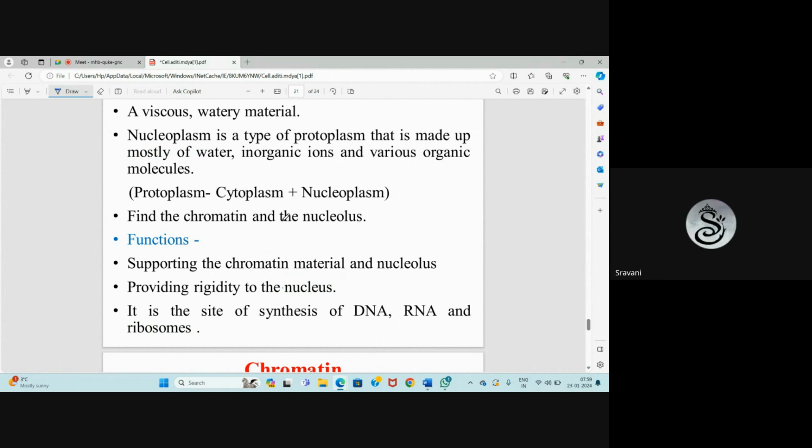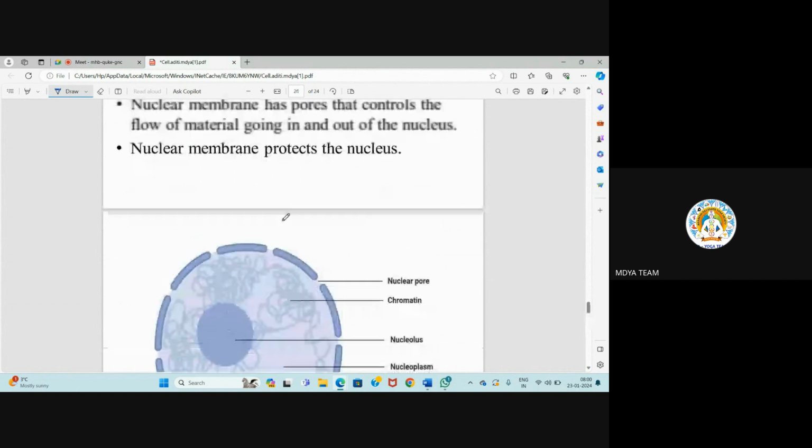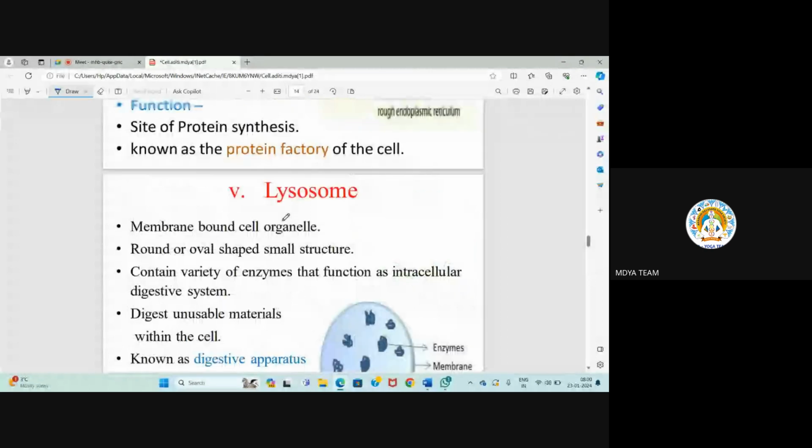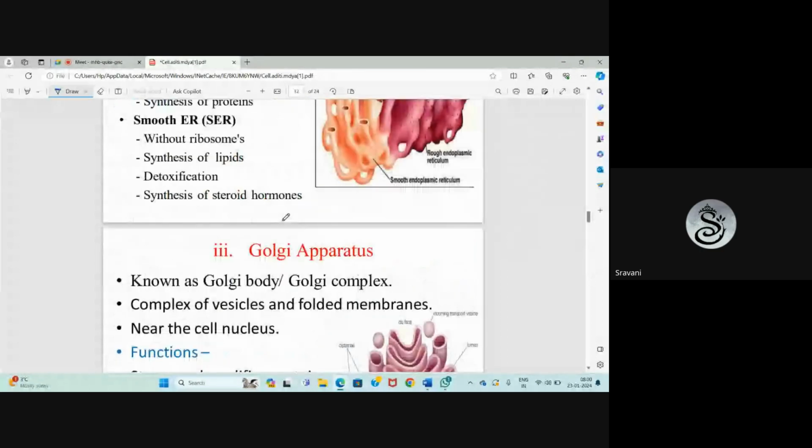It's the liquid contents in the cell. Yes, it's the watery material inside the cell. Cytoplasm consists of nucleoplasm or not? No, cytoplasm is separate. Cytoplasm is the terminology for the combination of cytosol and cell organelles. Cell organelles means it consists of the nucleus also.